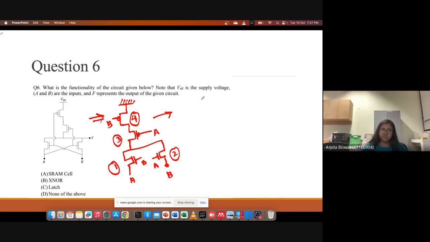So in the first case, take both A and B as 0. Then tell me which MOSFET is in on condition and which one is in off condition. So if A is 0 and B is 0, both NMOS 1 and NMOS 2 are in off condition, right?